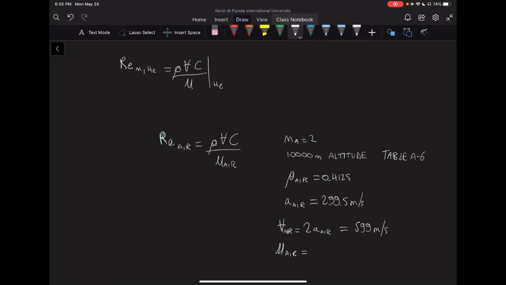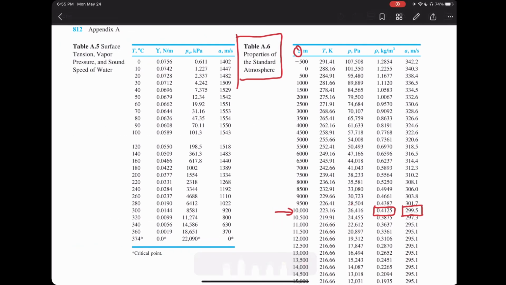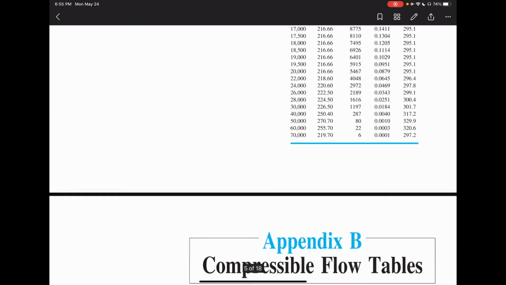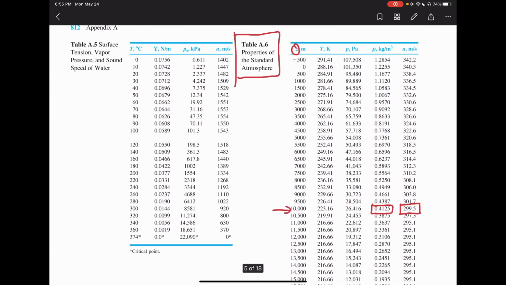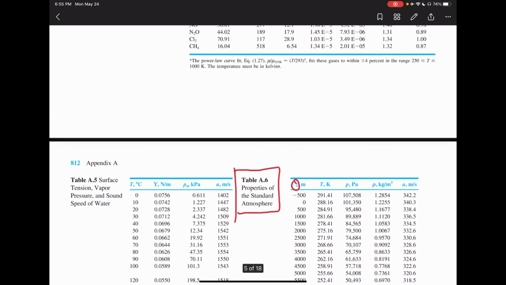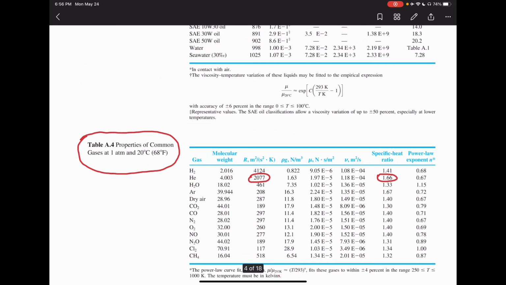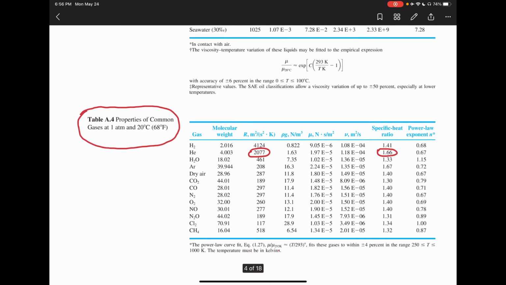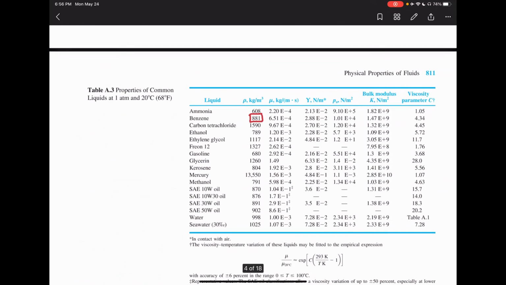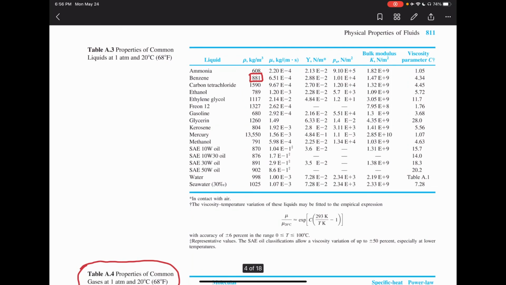And if we look further than that, we also have to find the viscosity of our air. So going back, we don't really have a term for viscosity in this table. So what we have to do is go back to a previous table and try to figure out what our viscosity would be. So we see that for air, we have a viscosity that is shown in table A3 or A4.